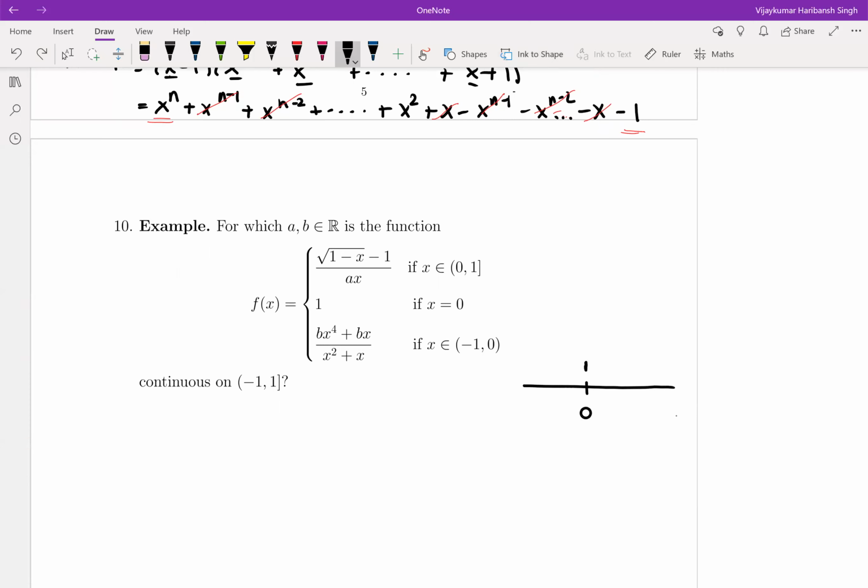On this side, let's call this g of x. On this side, the function is defined by g of x. Sorry, on this side, it's h of x. The function is defined from -1 to 0. So in this side, the function is defined by h of x.